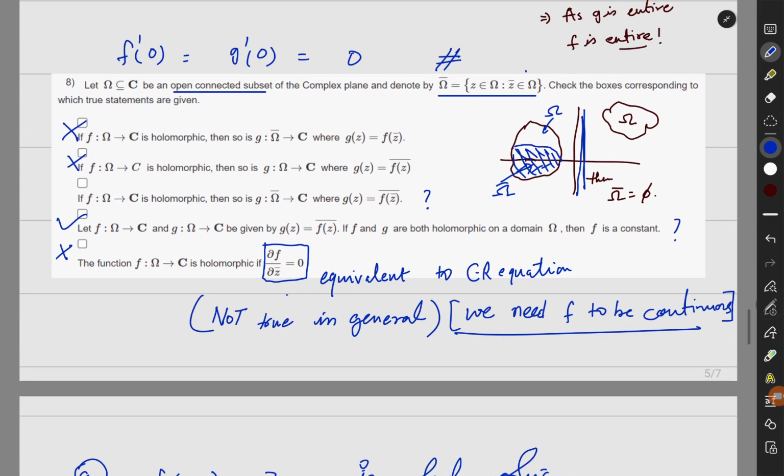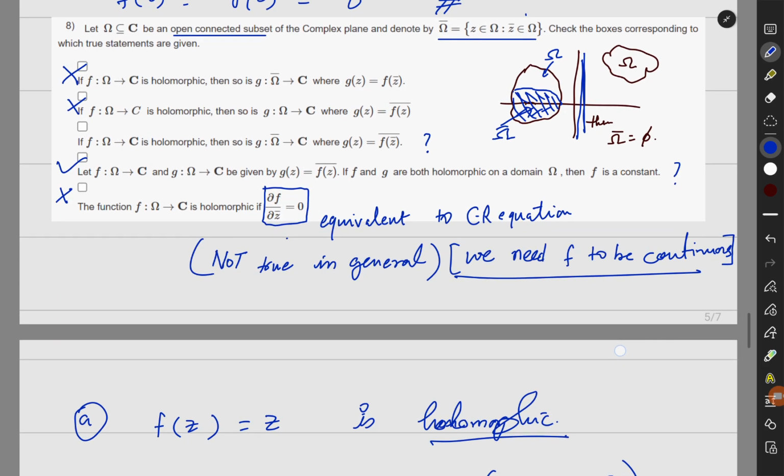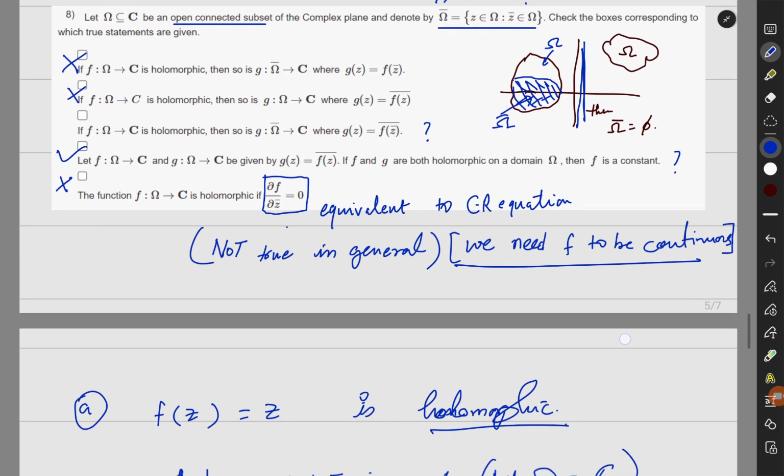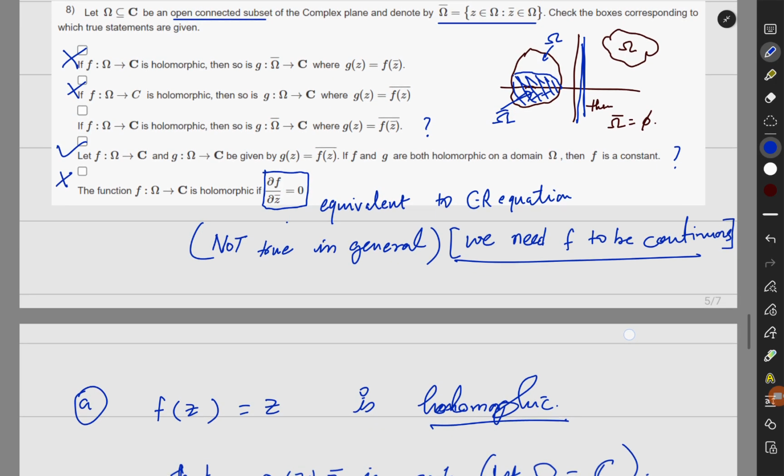So now about the second question. Second question, if we take again the same example, f identity function, omega whole of C, g of z becomes f of z, whole bar, means z bar.